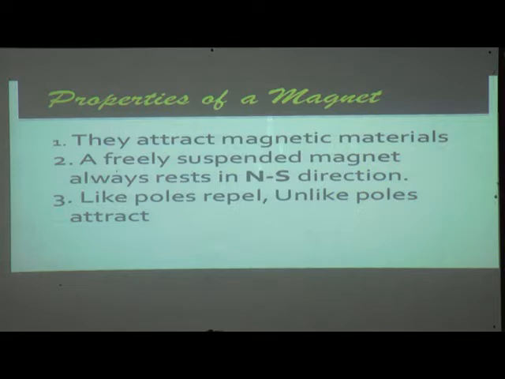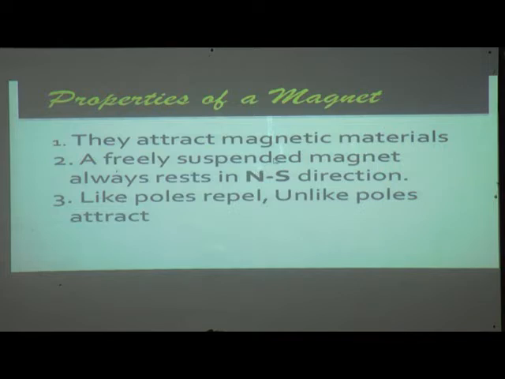Then next, a freely suspended magnet. So when we keep a freely suspended magnet, it always rests in a north and south direction. So we know on earth which is a south direction and which is a north direction. We learn about the direction from our city also.